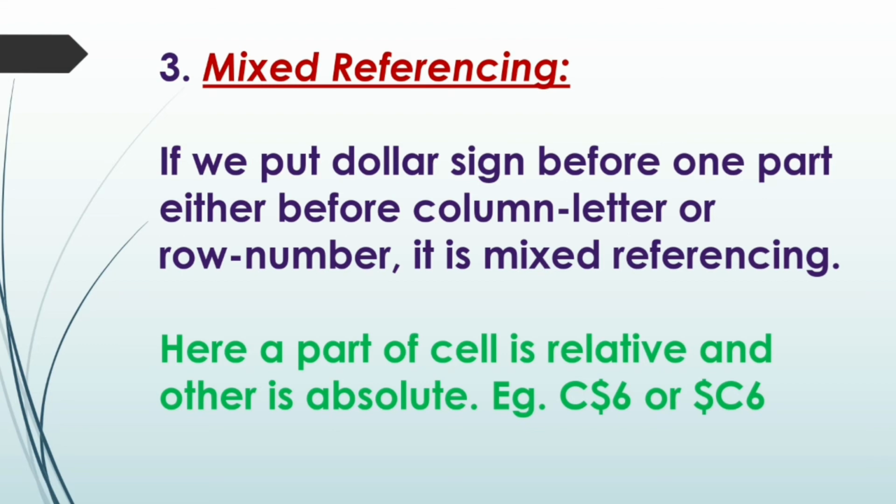Here, a part of the cell is relative and the other is absolute. Some examples are C$6 or $C6. In case of C$6, C means the column is relative, and $6 means the row is absolute. In $C6, C means the column is absolute and 6 means the row is relative.